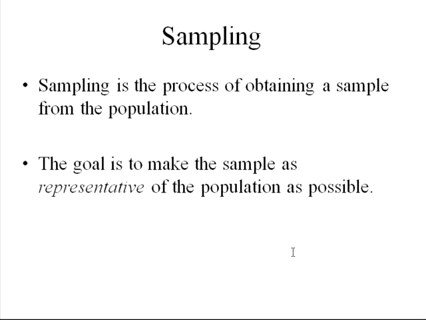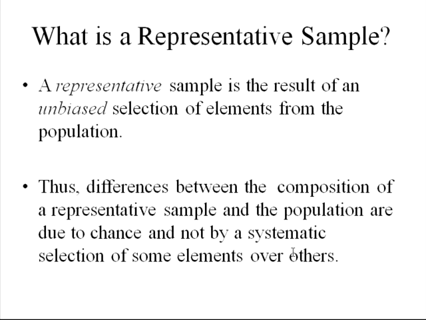And the goal when you select a sample is really to make it as representative of the population as possible, because the ultimate goal is to explain something that is happening in the population. So you want your sample to be representative of that population.